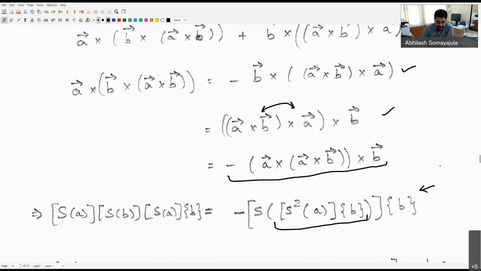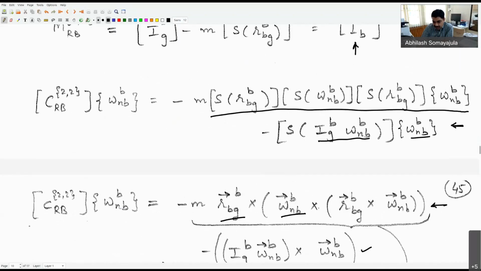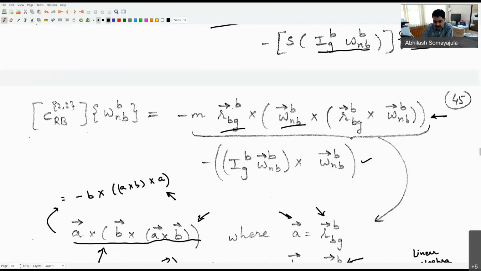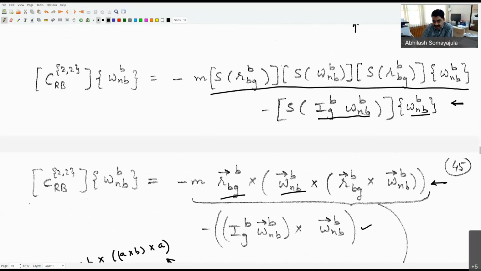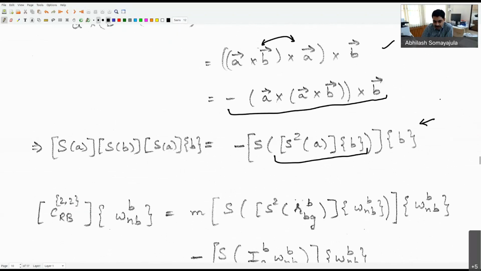Now, this skew-symmetric matrix SA, SB, SA times B, which was originally what was here, right? This is what I had. Now it will be rewritten in terms of this new version which I found out through that manipulation.